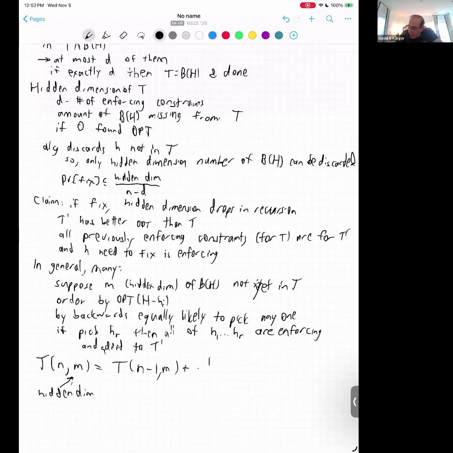But then our chances of making a mistake are about, let me write it out and then we'll discuss it. Sum from i equals 1 to m minus 1 of T of n comma i.